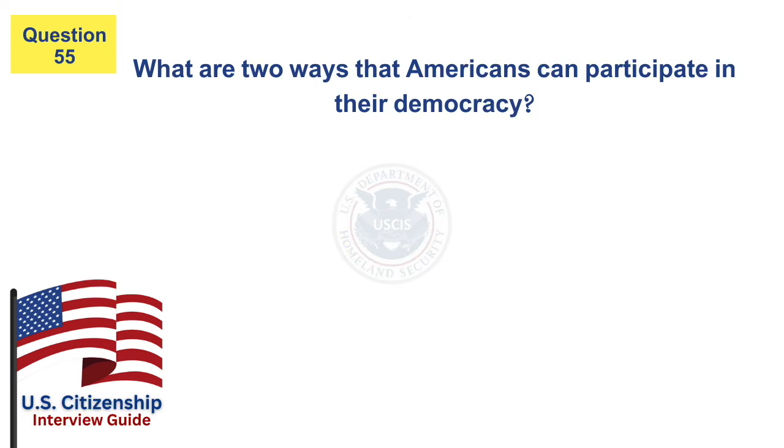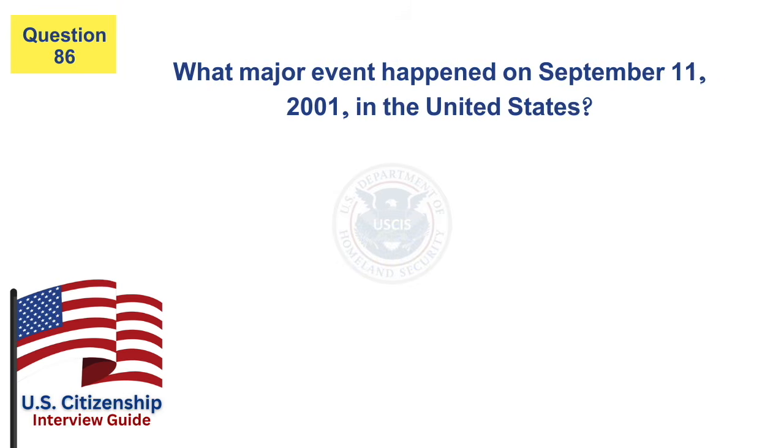What are 2 ways that Americans can participate in their democracy? Vote. Join a political party. What major event happened on September 11, 2001 in the United States?